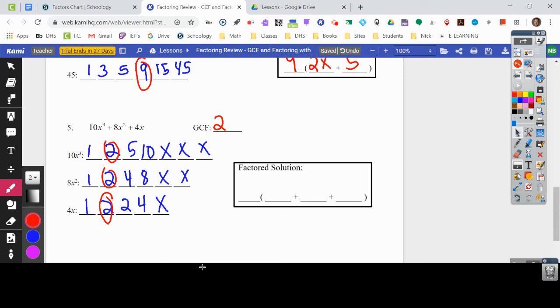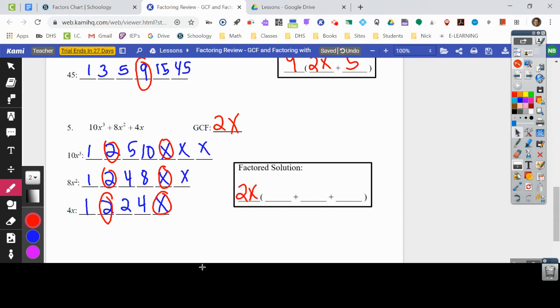Using these circles is going to be very helpful, as you'll see in a minute. This has 3 x's, this has 2 x's, this has an x. So they all have 1 x in common. These two have 2 x's in common, but they have to be in common for all 3 terms for it to be a GCF. So I only have 1 x in common. Now my GCF goes out in front.